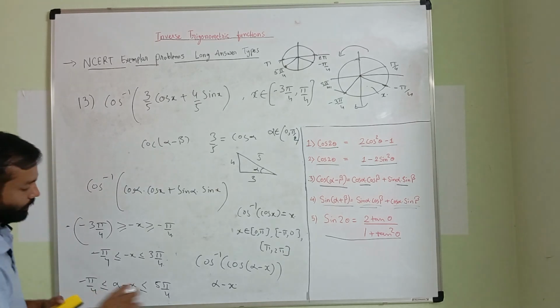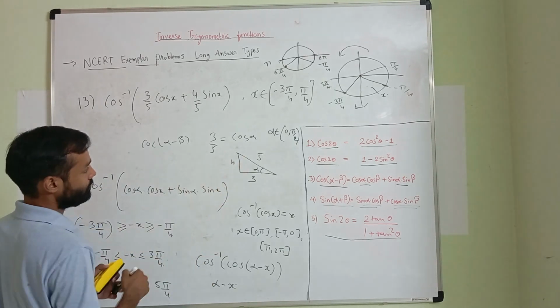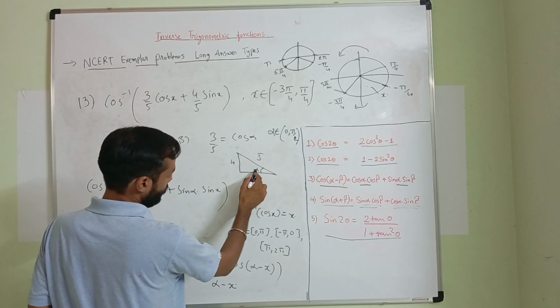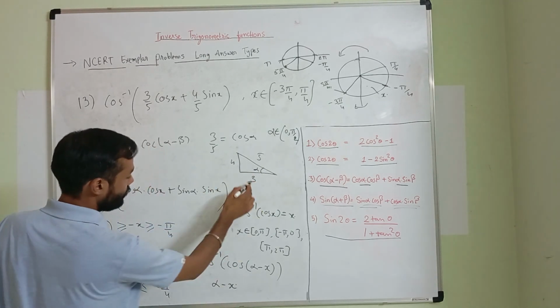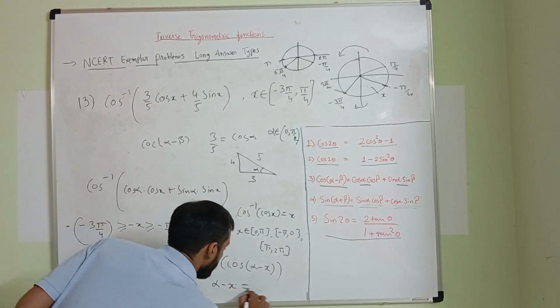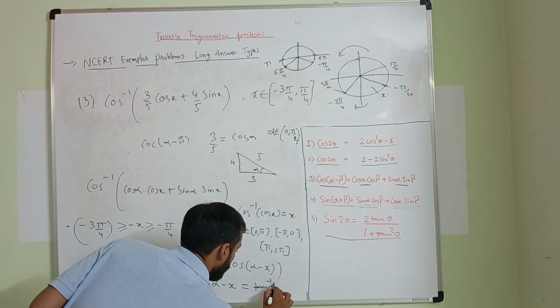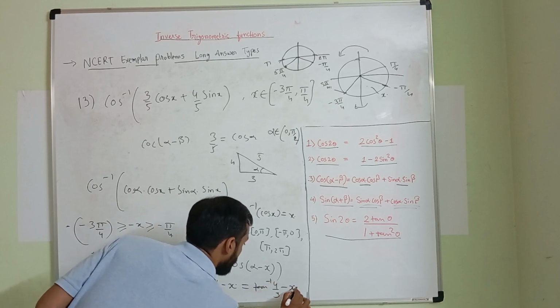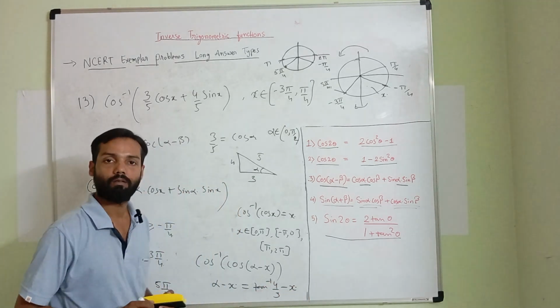In place of alpha we can put its value. Alpha is tan inverse of 4 by 3. Hence finally we can write tan inverse 4 by 3 minus x. So this is our required solution.